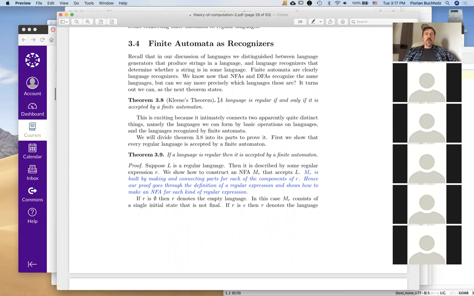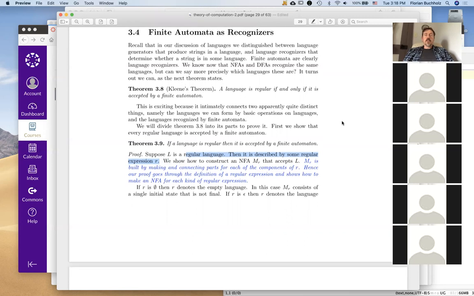So the proof of this is split up into two parts. The first one says we can build an automaton if we have a regular expression. And later it says, well, if we have an automaton, we can build a regular expression from that.